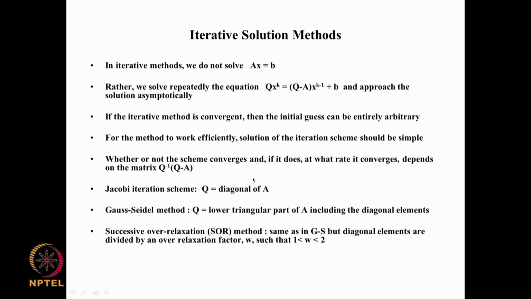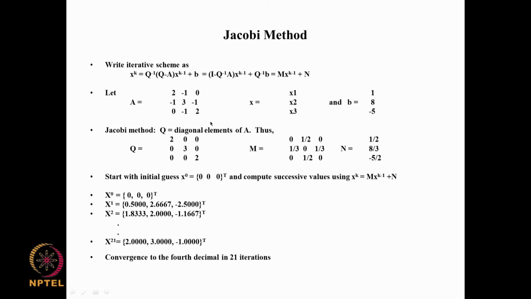Exactly how it works is something we can see for a scheme like this. We are saying that x_k is equal to Q inverse times (Q minus A) times x_(k-1) plus b, or (I minus Q inverse A) times x_(k-1) plus Q inverse b, where I is the identity matrix.